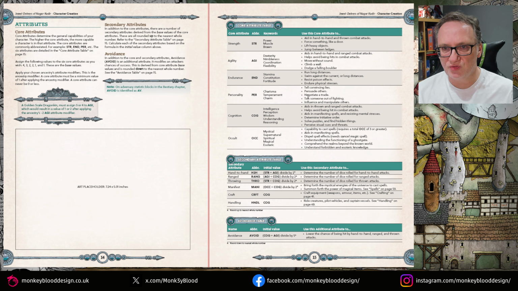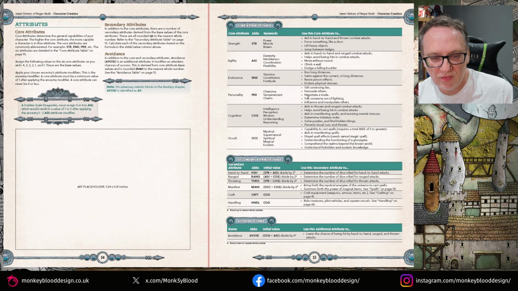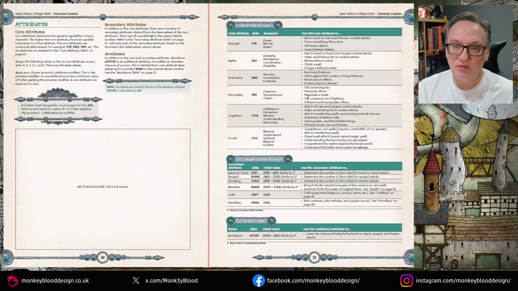So attributes, you've got strength, agility, endurance, personality, cognition and occult, and those help generate the secondary attributes, which are your hand-to-hand, your ranged, your throwing, your manifest, which is casting spells, crafting. All equipment can be made if you've got the right materials and tools, and handling, which is for vehicles and mounts.